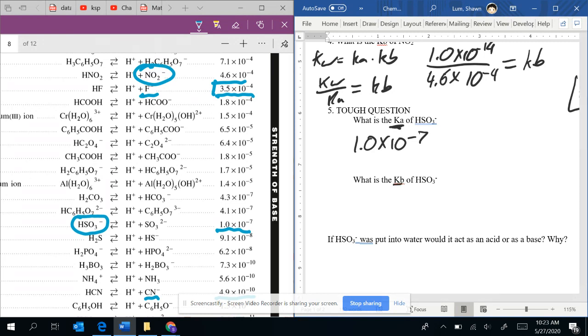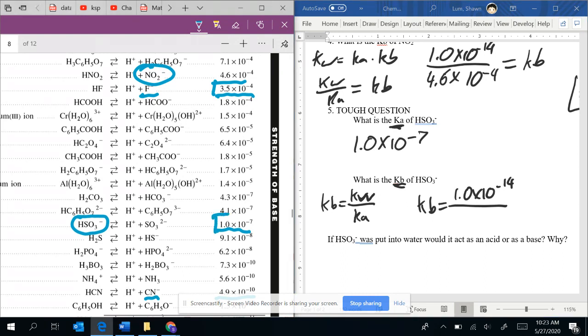Since I'm trying to find Kb of HSO3 minus, we know that Kb equals Kw over Ka, so Kb equals 1.0 times 10 to the negative 14 over the Ka.